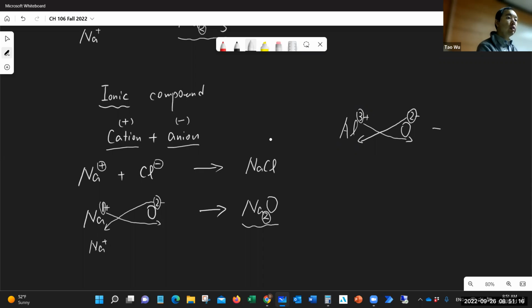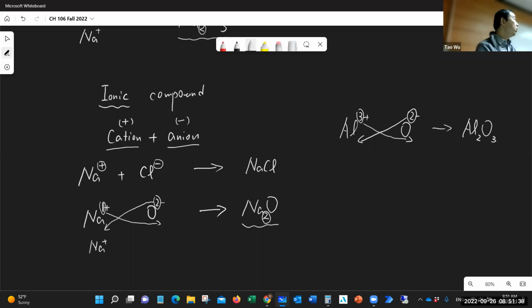When you write the formula, first you write the aluminum and oxygen, and then you put down the correct number underneath. Underneath the aluminum is 2, so you write 2 here. Underneath the oxygen is 3, so 3 goes here.